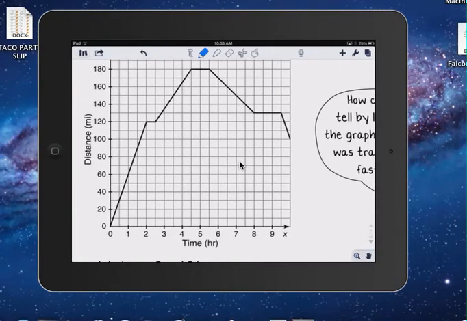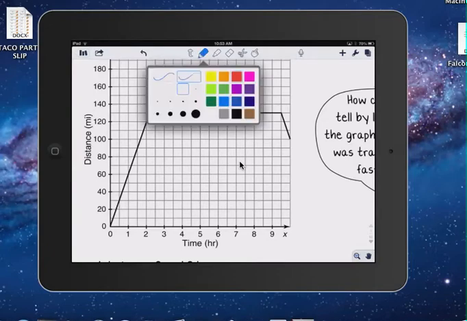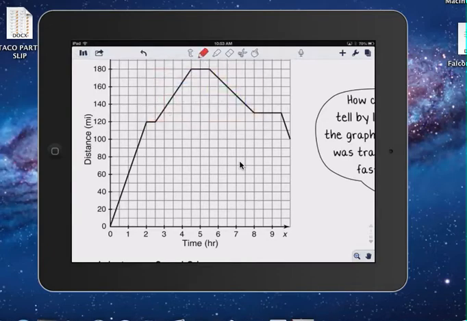All right. Very good. I'm hearing a lot of good answers. So some of the answers I heard is here's 1 hour, and it shows that it's going 60 miles. And then from the first hour to the second hour, here's the second hour right here. It's also from 60 to 120, it's also another 60.